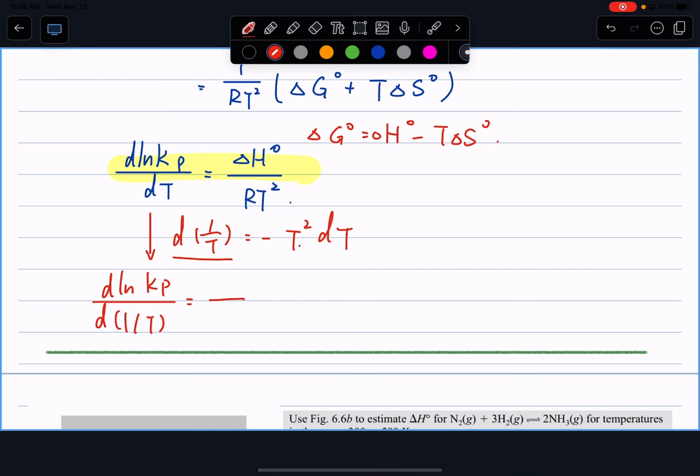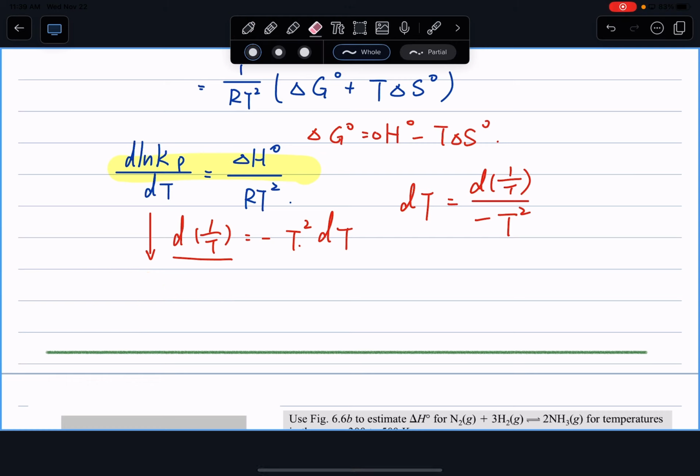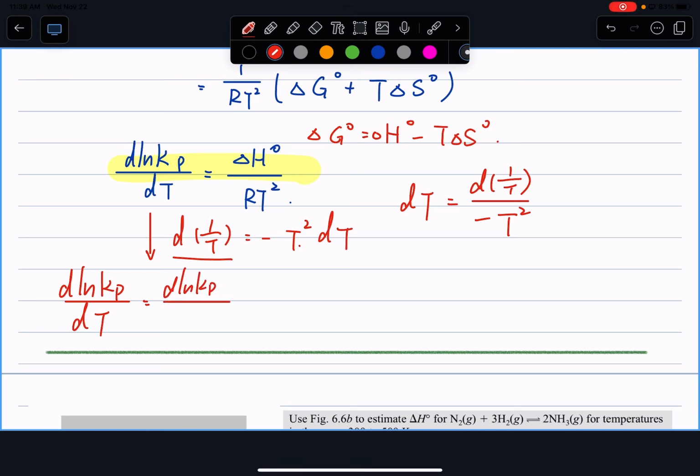How does that happen? Your dT equals d 1 over T over negative T squared. Let me not skip any step, to make sure you're following me. So d ln Kp over dT equals d ln Kp over d 1 over T, over minus T squared. That's this term here.